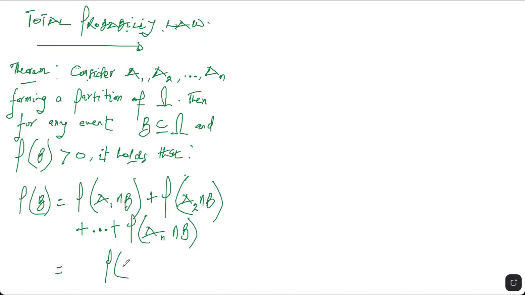So we can write Ai intersection B, and we're summing them up, from i starting from 1 all the way to i ending at N.